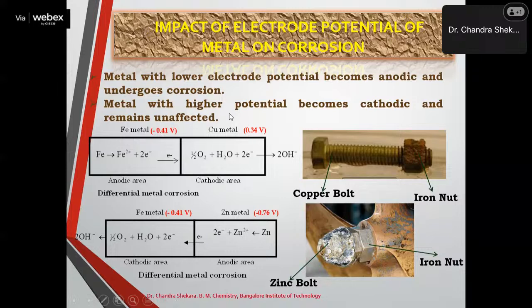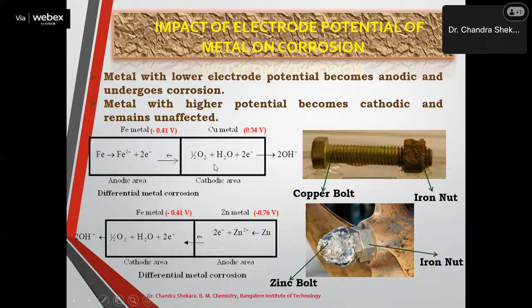That difference, 0.75 volts, decides the rate of corrosion of the iron metal. The same iron metal, when in contact with zinc metal, where zinc has a more negative potential than iron, then zinc undergoes corrosion here. Zinc becomes the anodic area and undergoes corrosion, whereas iron becomes the cathodic area and remains unaffected.